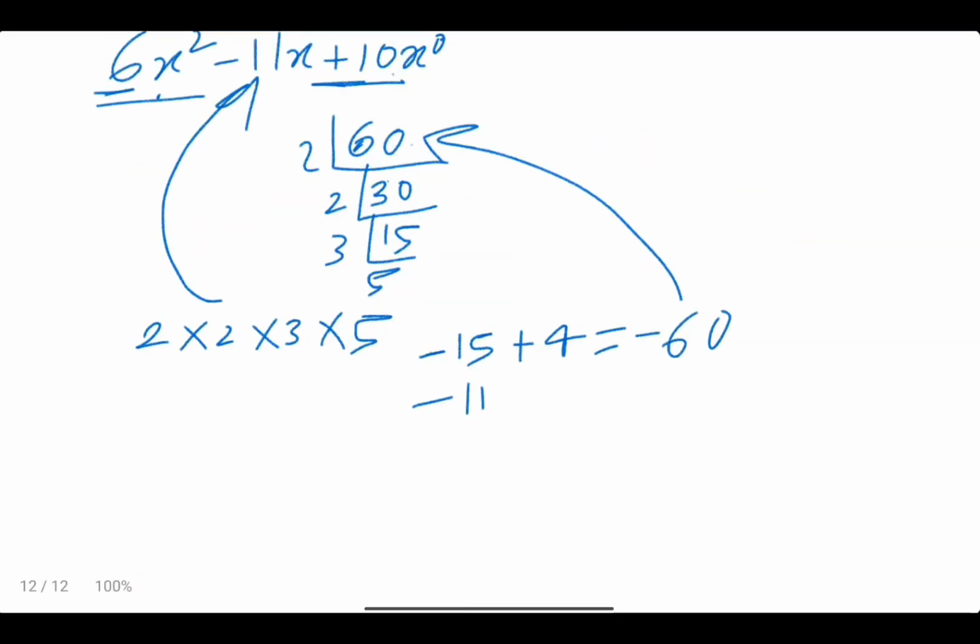So this thing is not factorizable. You cannot factorize this thing. You can try it in your calculator by using the formula of quadratic equations, and you will see it's that.